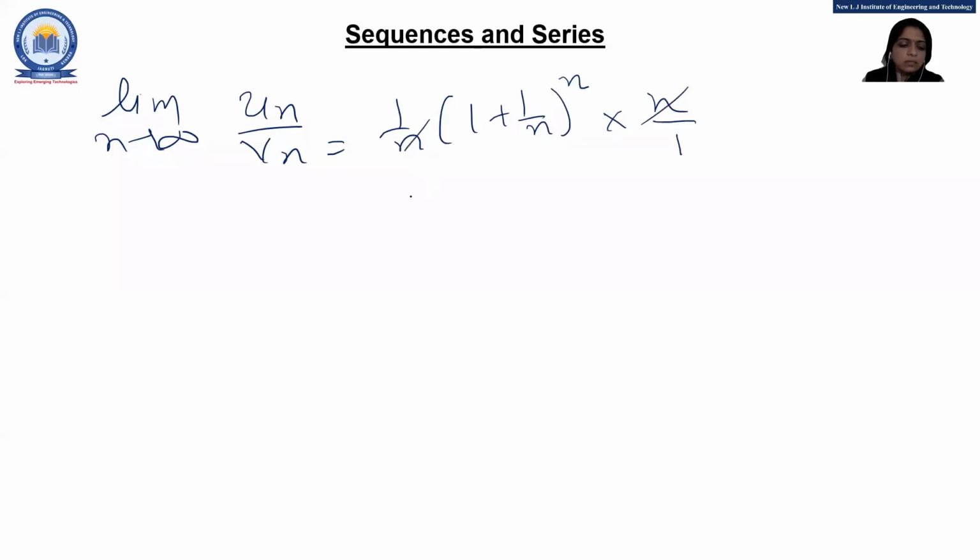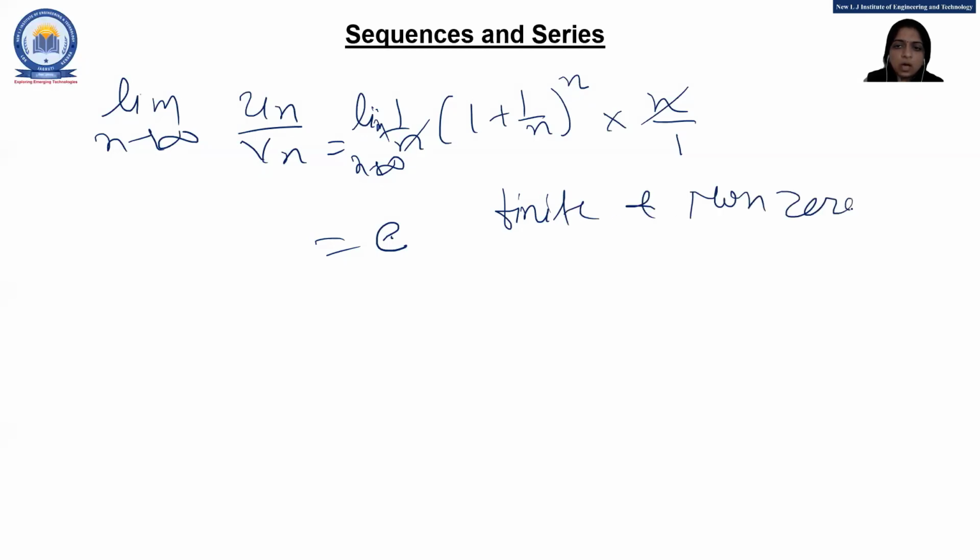After applying the limit, what is my answer? My answer is E, which is finite and non-zero. As per the rule of the comparison test, limit n tends to infinity un upon Vn gives L, which is finite and non-zero.